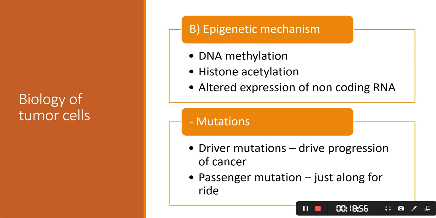What are the other features that can be seen? There can be epigenetic mechanisms. When I say epigenetic mechanism, I mean there can be DNA methylation. What does DNA methylation mean? It means a methyl group can get added to the DNA. Our DNA does not like any guest on it.